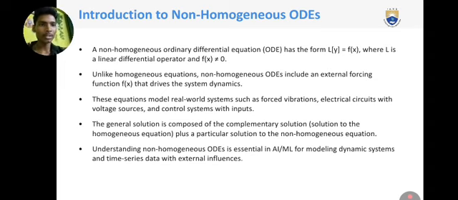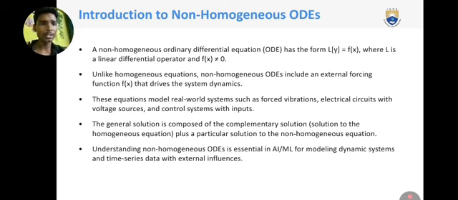These equations model real-world systems such as forced vibration, electrical circuits with a voltage source, and control systems with inputs.